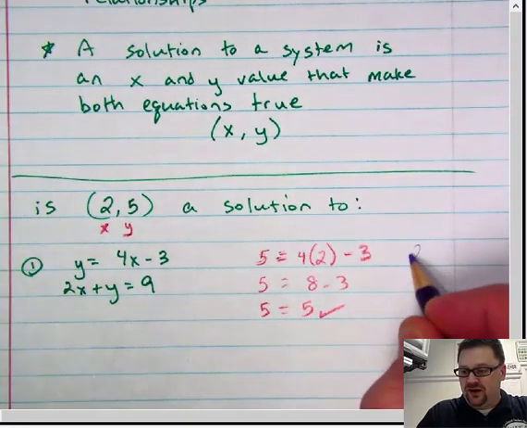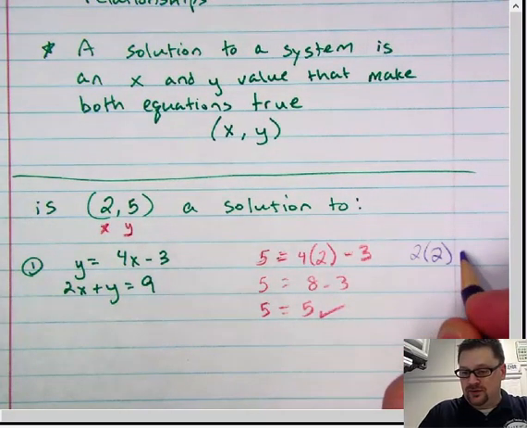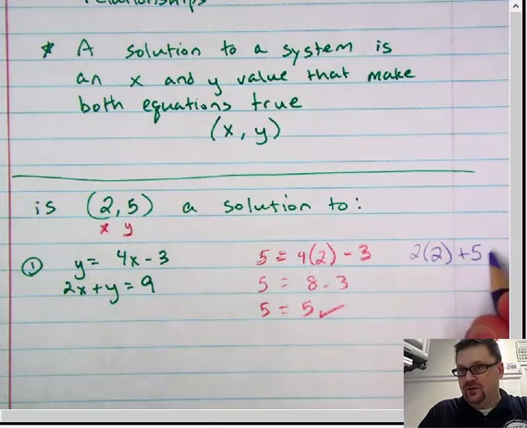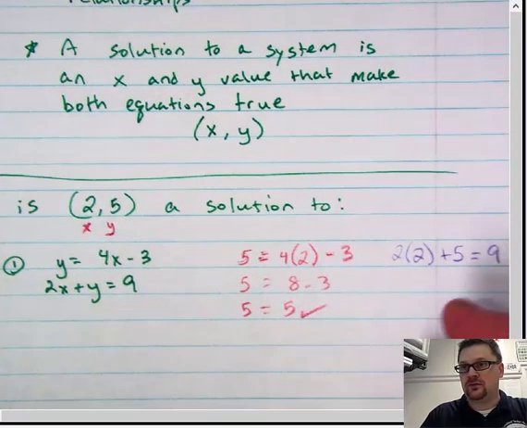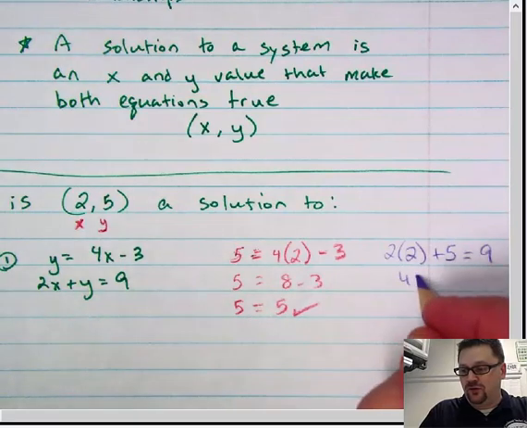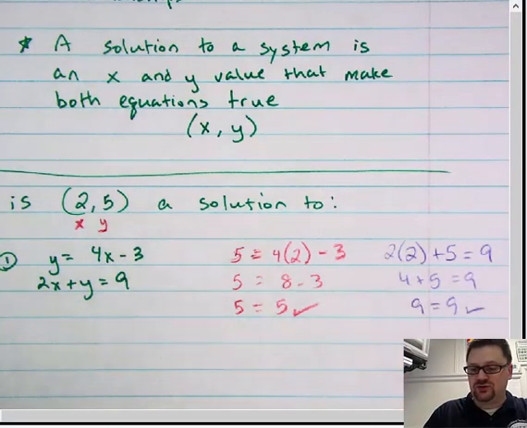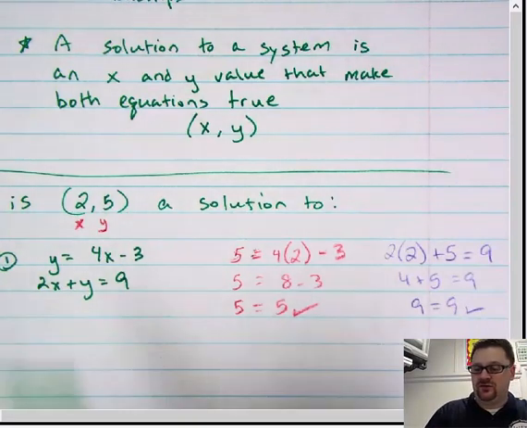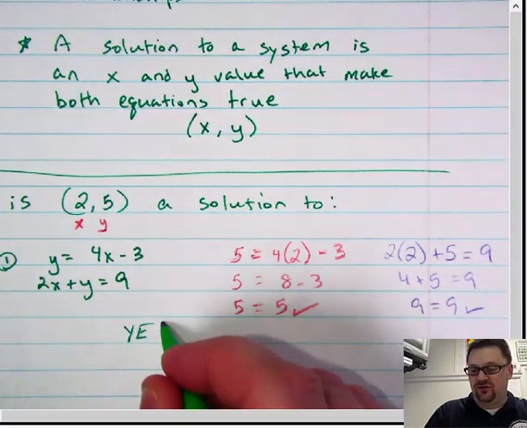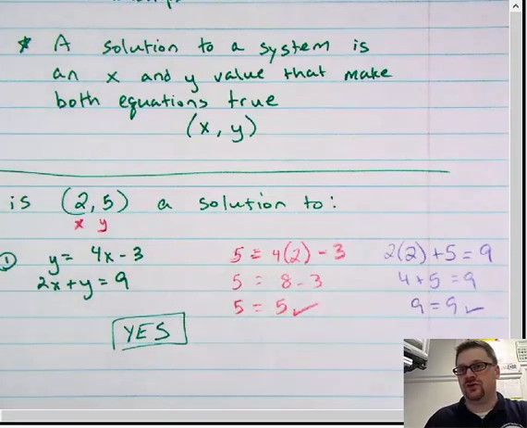Is 2 times x, which is 2, plus 5 equal to 9? Well, 2 times 2 is 4, plus 5 is equal to 9. It is in fact true, so the answer to this is yes. The point 2, 5 is a solution to that system of equations.